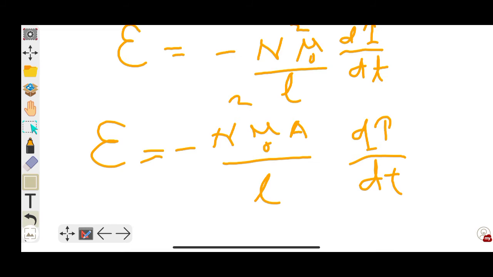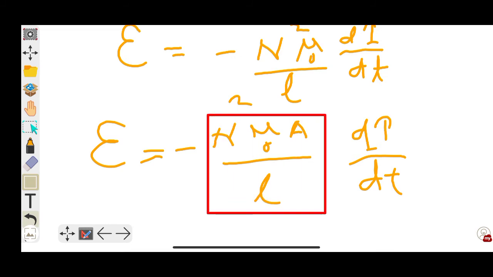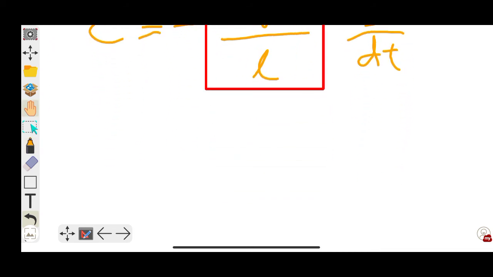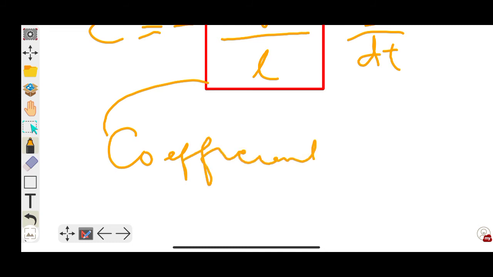Now this factor is there, that's a constant, and we call this constant the coefficient of self induction. This coefficient is called the coefficient of self induction.